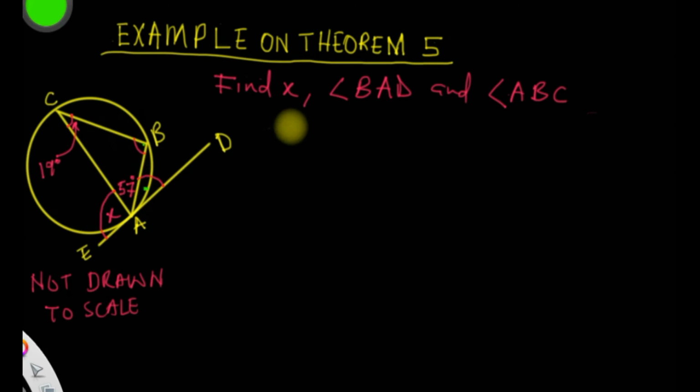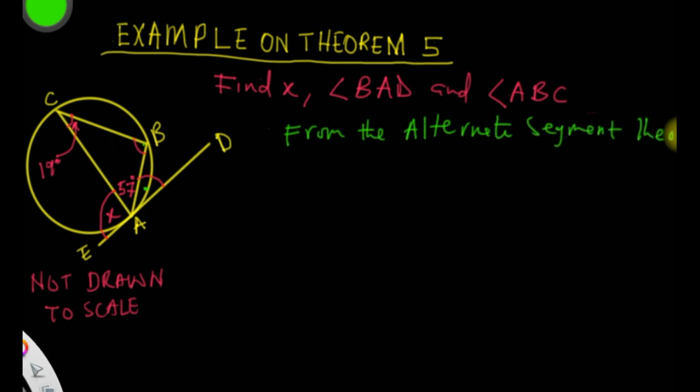So you see that from the alternate segment theorem, angle BAD, this angle, is equal to 19 degrees.